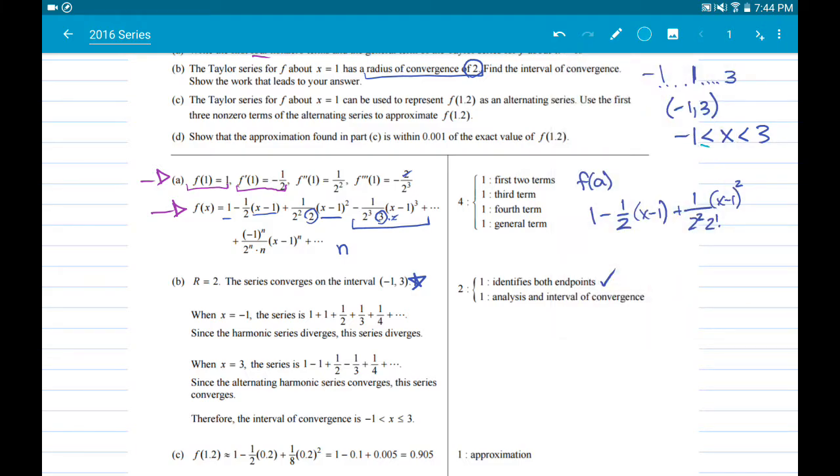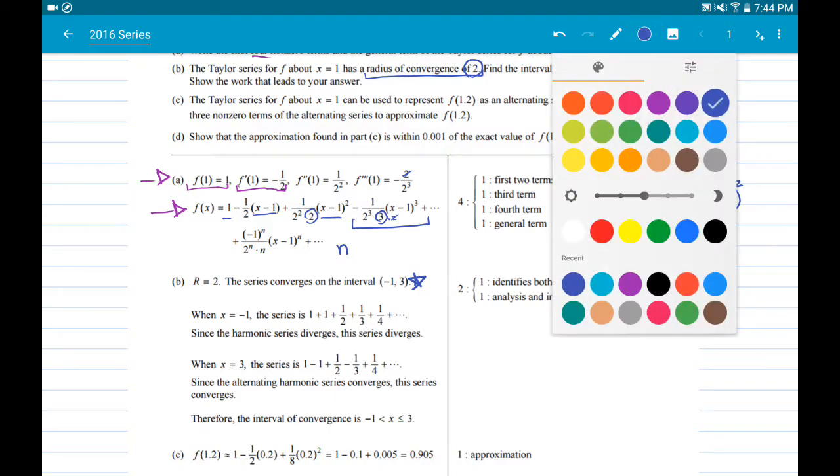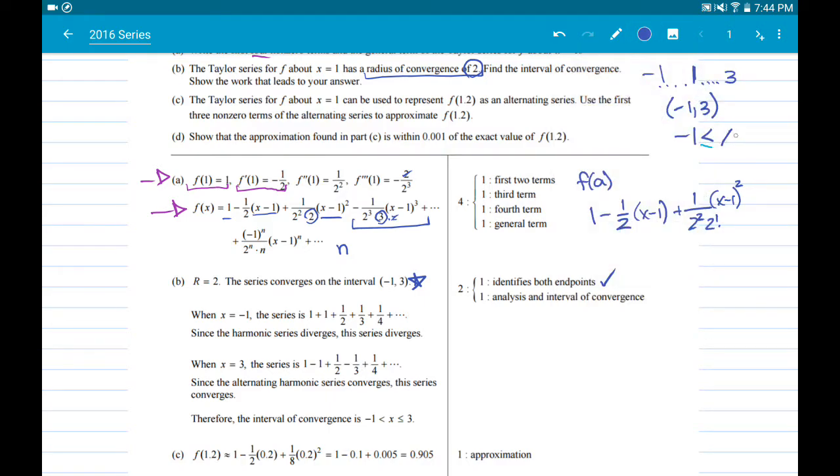Does it converge at the number negative 1? Does it converge at 3? And so if you're looking for every last detail on this, it was centered at 1, less than 3. Then we want to know, do we have to include those endpoints or not include them?